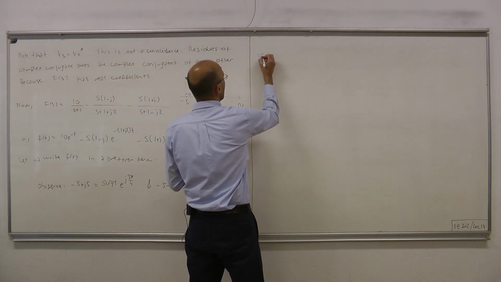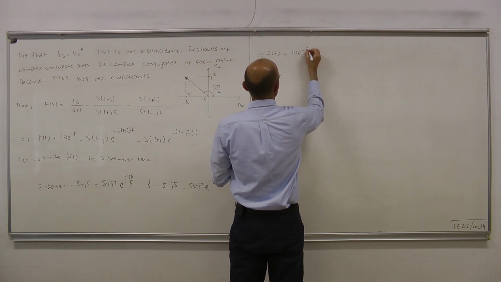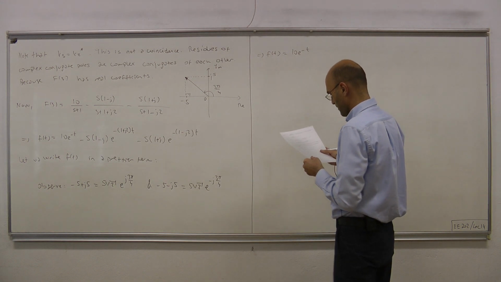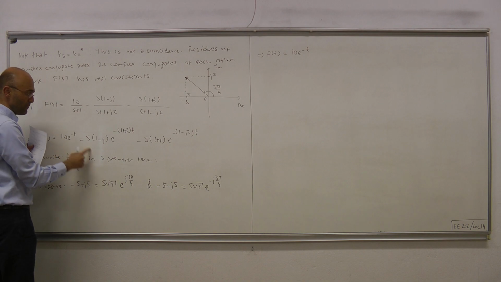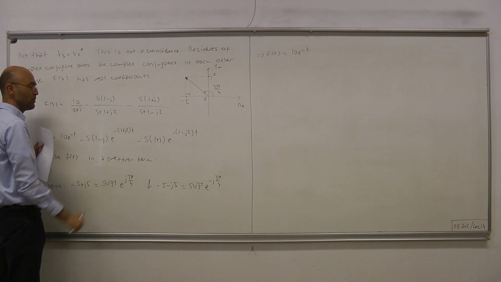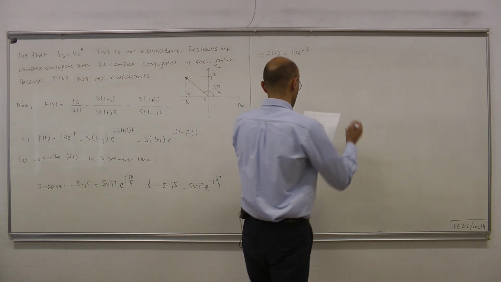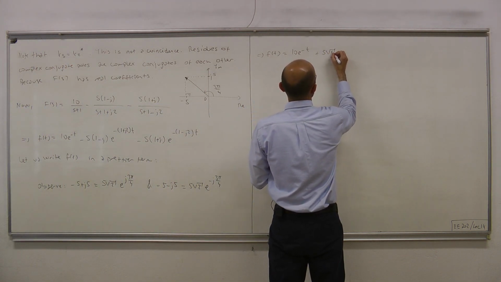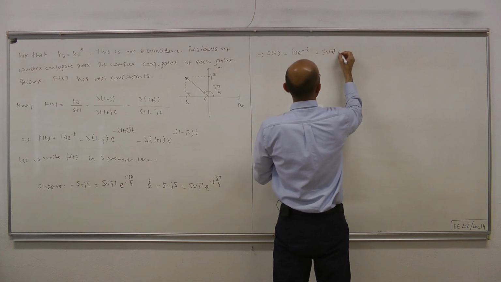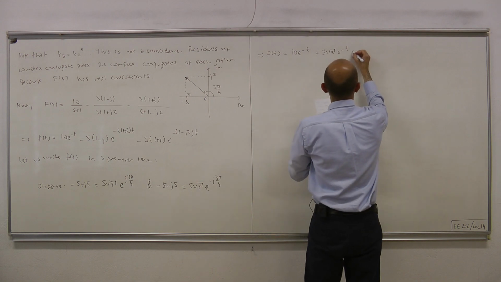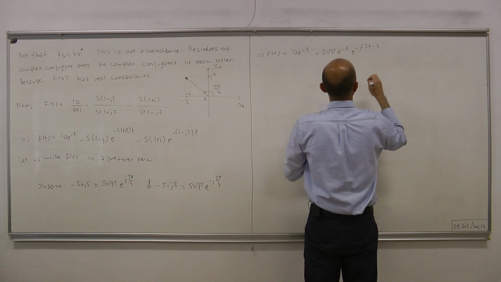Okay, so f of t equals 10 e to the minus t, and then plus 5 square root of 2 times e to the j 3 pi over 4 times e to the minus 1 plus j2 t, and that can be written as further plus 5 square root of 2 e to the minus t, and then e to the minus j 2t minus 3 pi over 4.